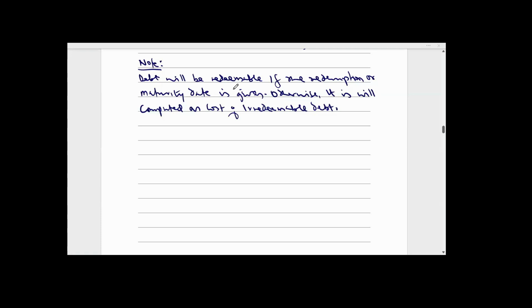This is the solution to illustration 9. This should be page 30, I think. Let me confirm. No, page 29. Still on page 29.